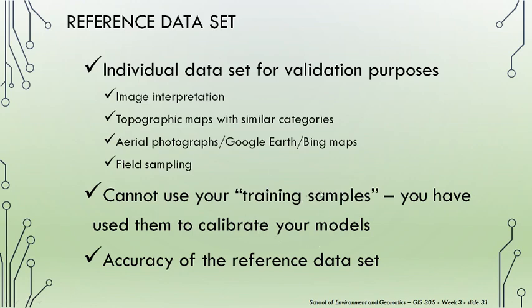So one big thing not to do. And the second thing to consider is how accurate is the reference data actually? Is the reference data telling you really what is on the ground and what the satellite or the remote sensing image sees?